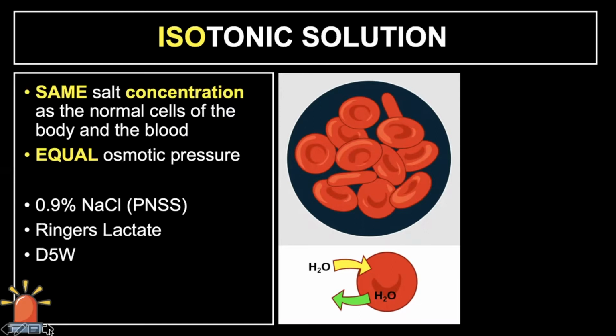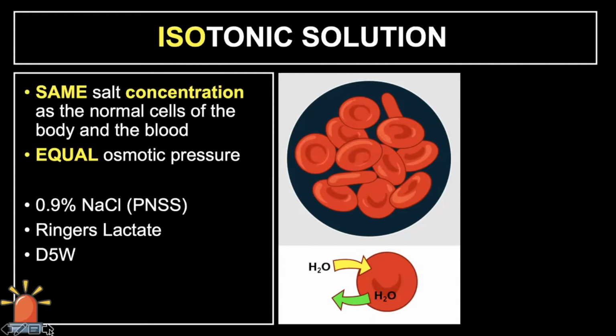So we will be first discussing what is an isotonic solution. An isotonic solution is any solution in which the cell, in this case the red blood cell, maintains its normal shape and volume. So that defines an isotonic solution.